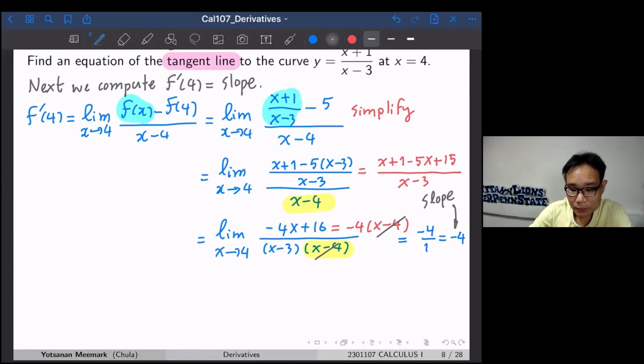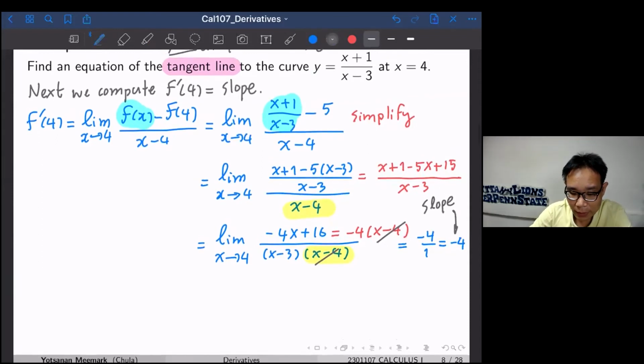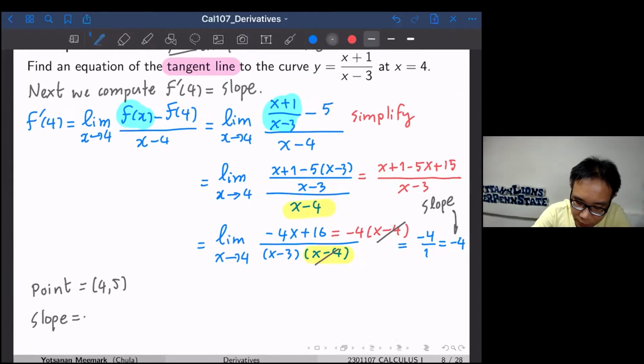And you're going to use the point. So the point equals (4, 5), the slope equals negative 4. And you're going to use what's called point slope form.